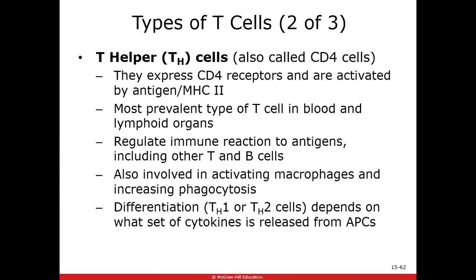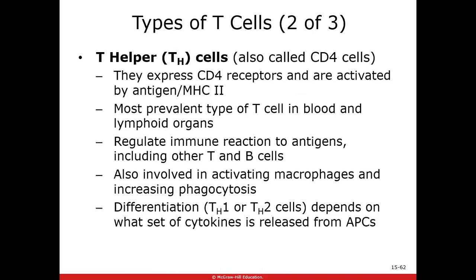The T helper cells are the most prevalent type of T cell in the blood and lymphoid tissue, and regulate immune reaction to antigens, including other T cells and B cells. Also involved in activating macrophages and increasing phagocytosis.